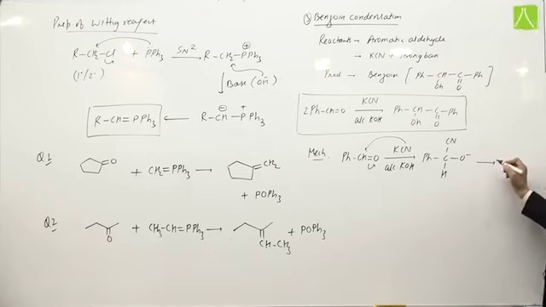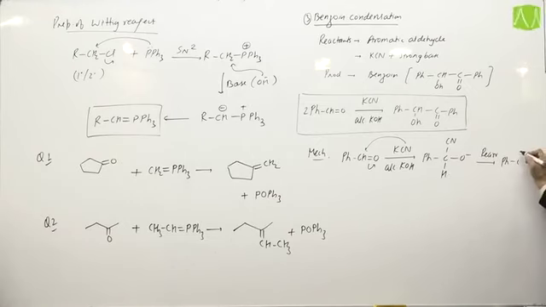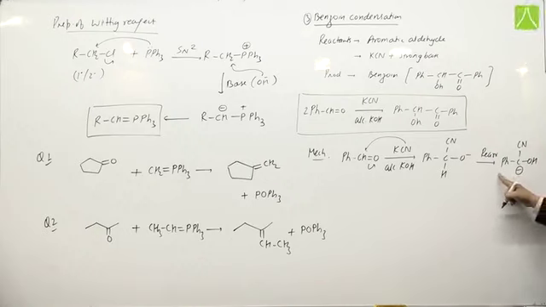Now H exchange. So after rearrangement, this H is obtained by the oxygen. This is a more stable carbanion. So it rearranged into this. It is resonance stabilized with benzene as well as with the CN group.